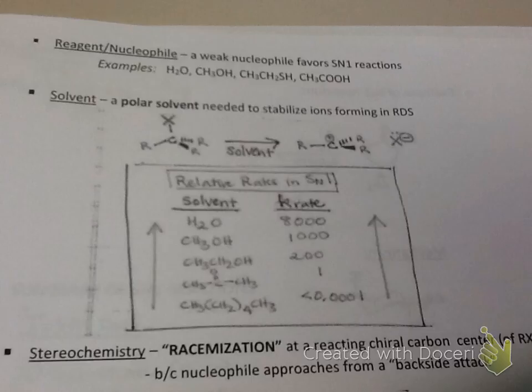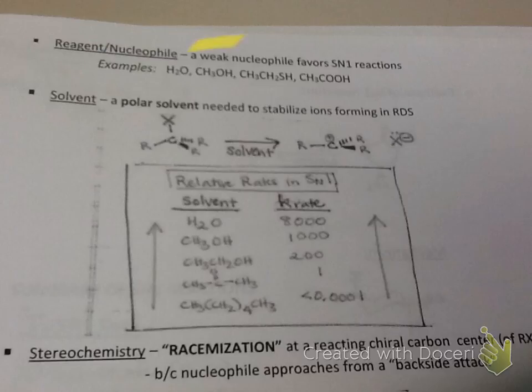What are other factors that influence an SN1 reaction versus an SN2? Well, remember in an SN2 reaction, the nucleophile, which was the reagent, would need to be a good, strong, negative, polarizable, less electronegative nucleophile. Well, the opposite is true here. A good nucleophile will promote SN2. A weak or poor nucleophile will promote SN1.